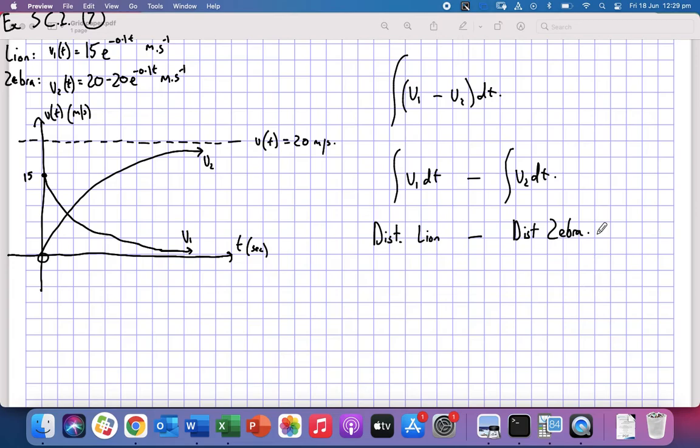Now, if this ever got greater than 40, there'd be a problem. Right? Because they started 40 meters apart. So if the lion ever covers more than 40 meters distance than what the zebra covers, it means that the lion caught the zebra. Right?